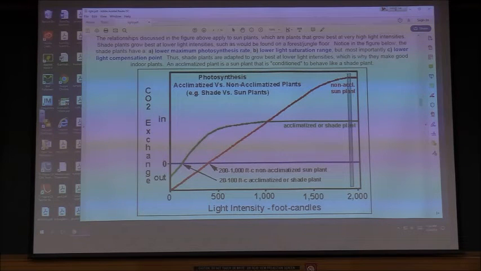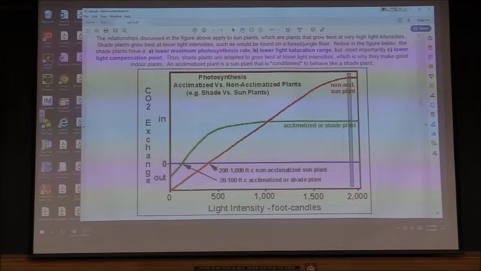At a light intensity below the light compensation point, which type of plant has the highest rate of photosynthesis? Say that one more time, please. At a light intensity below the light compensation point, which plant has the highest rate of photosynthesis, sun or shade?